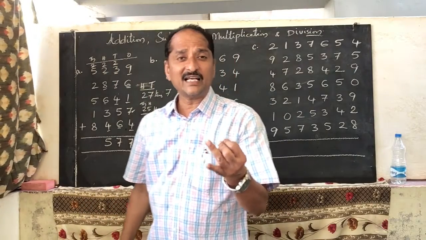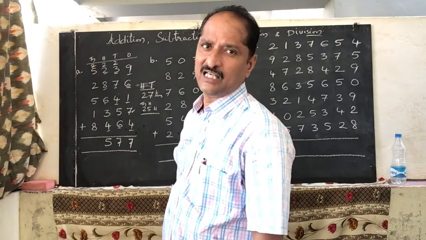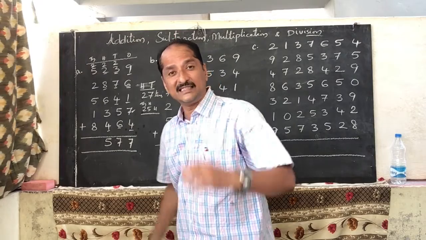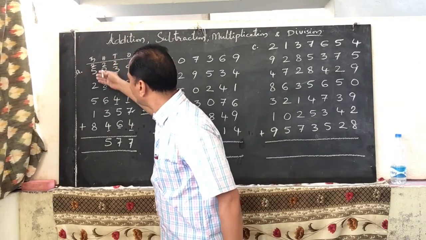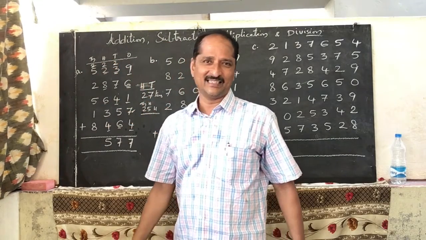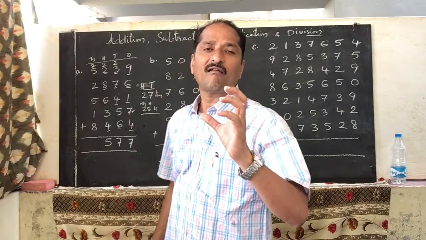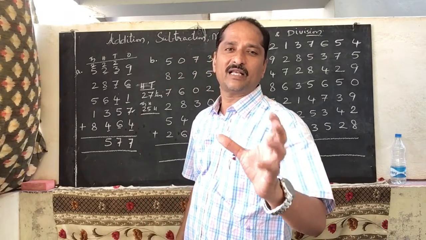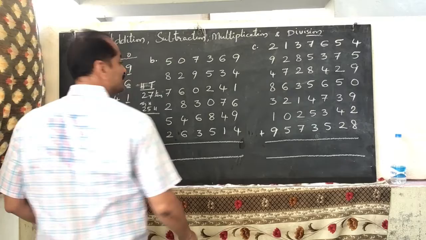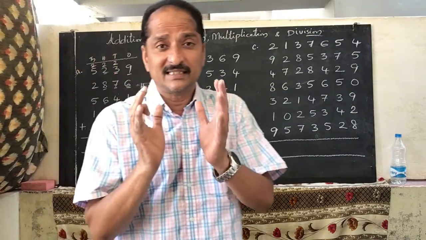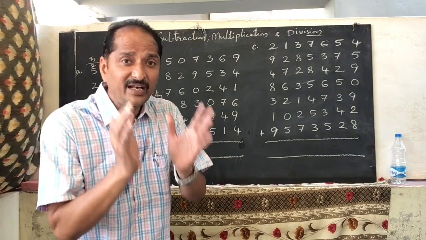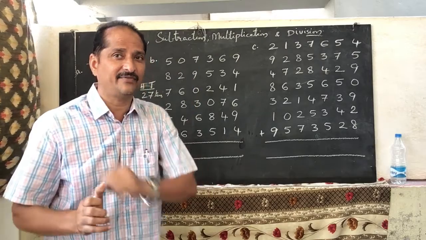Now we should add the thousands place digits. How many thousands do we have? The digits in thousands are 2, 5, 2, 5, 1, 8. Isn't it? Now add all the digits in the thousands place. Here also you have to see carefully when you get tens.